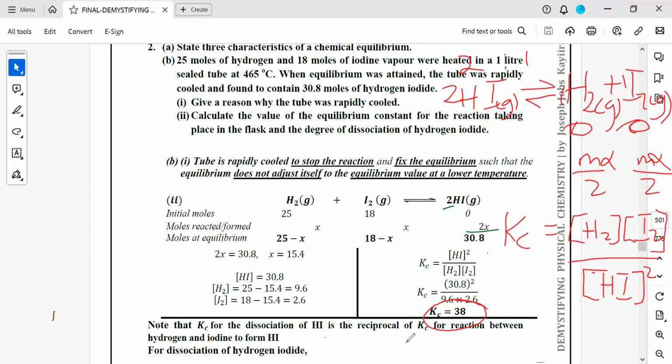But remember, this one is a reciprocal of what we have here. So if the Kc was 38, this time we get the inverse of the Kc, which becomes 1 over 38, equal to the concentrations this side, to give us the value of what? The degree of dissociation.